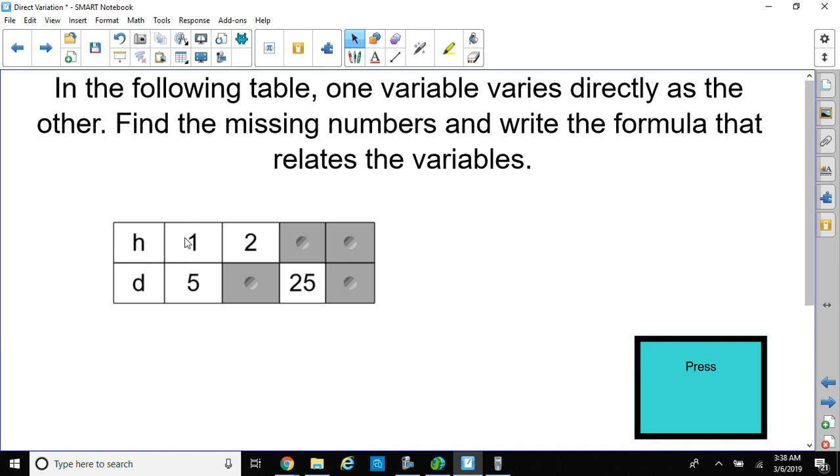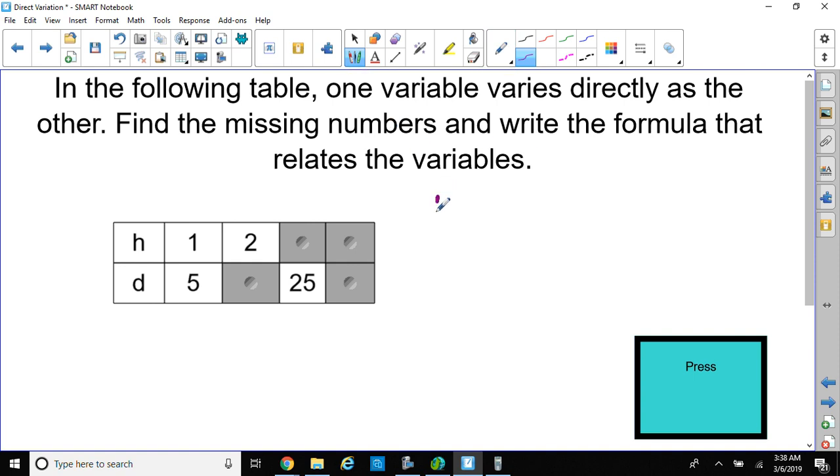So 1H, and that's 5. And I got a 2. I don't know what that number is, so I got to figure it out. But if you remember, we're dealing with equal fractions here. So let's get a pen and deal with it.